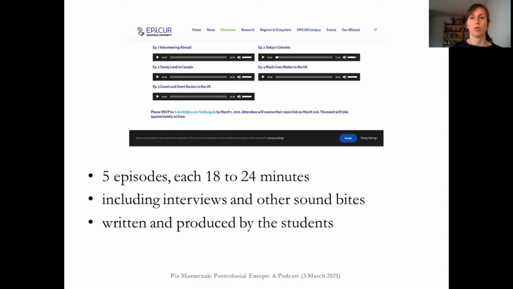That means we all kept, and I in particular obviously kept notes from the discussions we had in class, and of the issues and questions that came up, and the students were then able to choose from these notes and from their own ideas what they were interested in working on in the podcasts.